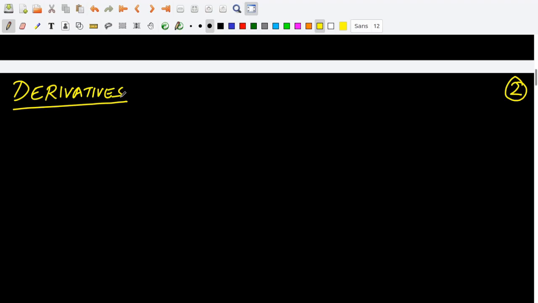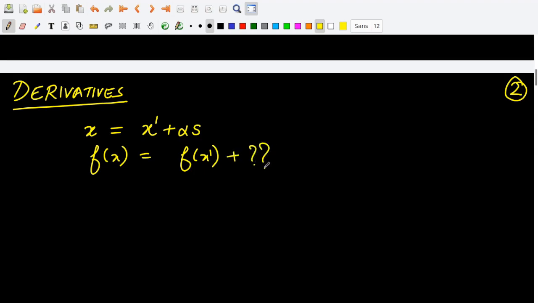So let's talk about the first order derivative. Let's again say that my new point x is my old point plus alpha times s. Then what is my f(x) in terms of f of x1 plus what?